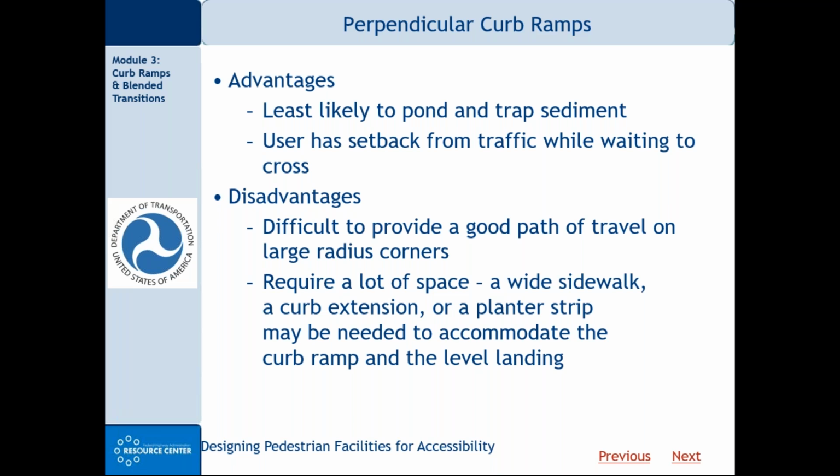And also, as we talked about when we discussed how to determine ramp length, they can require a lot of space, maybe 8 foot for the ramp plus 4 or 5 feet for the turning space. So you may be talking 12 or 13 feet. So you may need to look at something like a curb extension or wider sidewalk to accommodate the curb ramp and the landing.